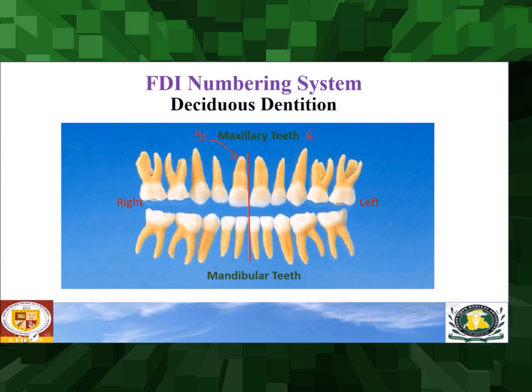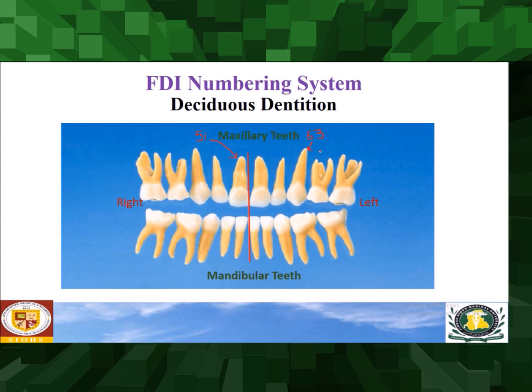So we write 3. This tooth is 6-3. We have to pronounce it 6-3 instead of 63. So 6-3 is the correct pronunciation.